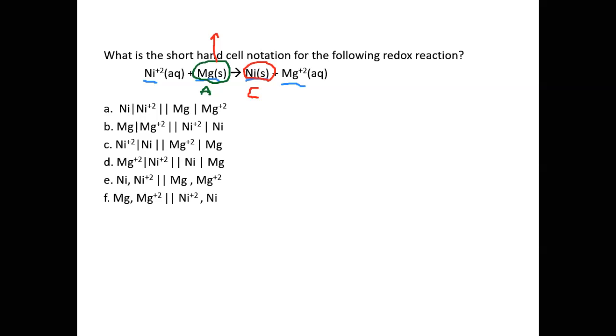You can already see A we can disregard because it has magnesium 2+ on the far right. B has magnesium and nickel on the ends. C has nickel 2+ on the far left. We can get rid of that, since it should be a metal. So we've negated A and C. D has magnesium 2+ on one of the ends, so we can disregard that one.